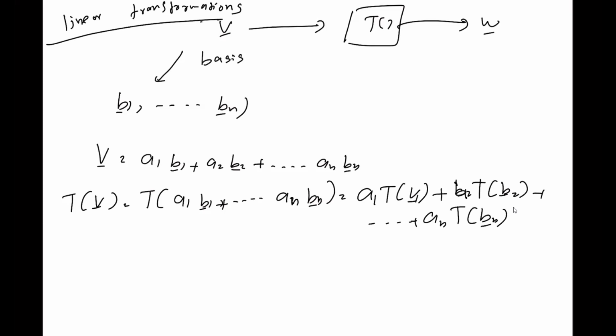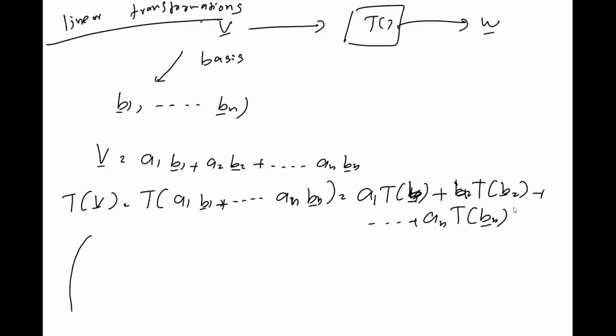So the transformation becomes a linear combination of the transformations of the basis vectors. Now, see a little bit.